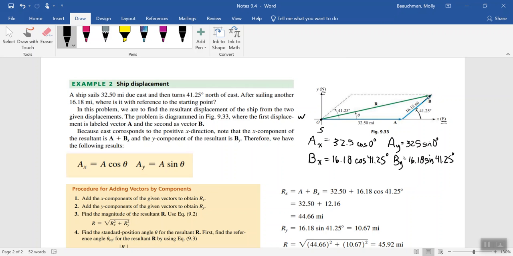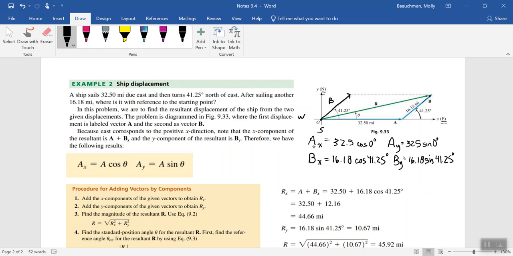So we have to find the x and y components of our two vectors. You can also think of this vector b as being over here. And then we're looking for the diagonal. Okay? So remember, when we add two vectors together, we're going to add together vectors a and b to get our resultant vector before we can do much of anything else.